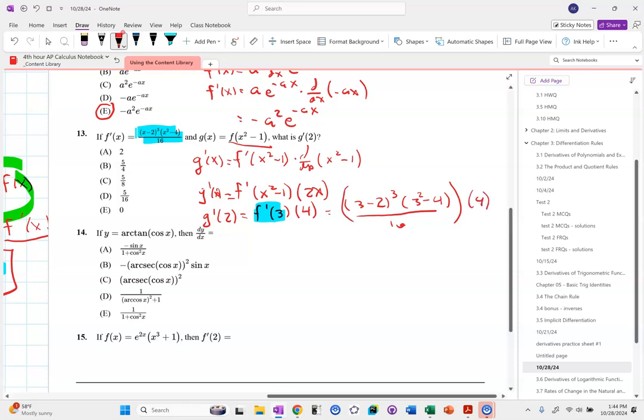So far, so good. So those guys simplify out. 3 squared is 9 and minus 4 is 5. 3 minus 2 is 1 and 1 cubed is just 1. So I get just 5/4.